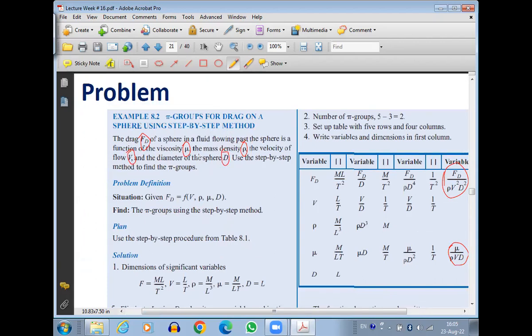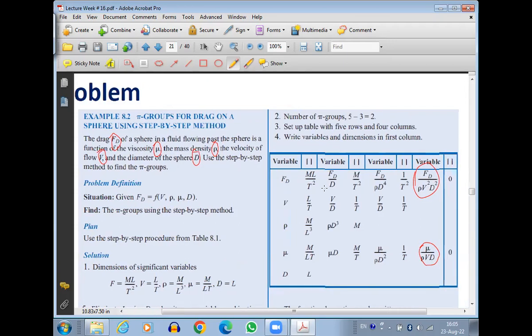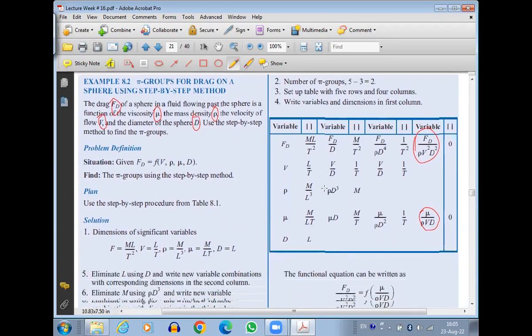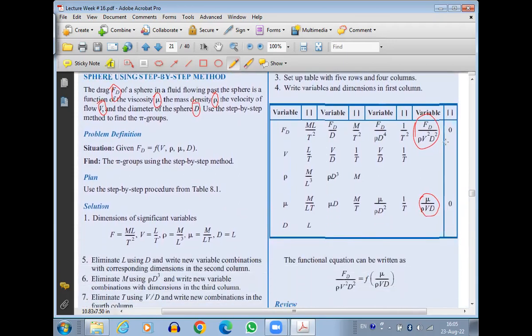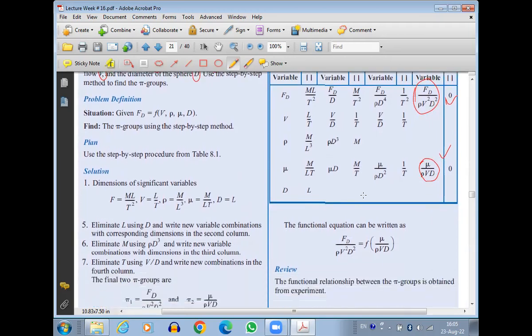Basic dimensions would again be 3. So 5 minus 3 is 2 pi variables. One of the pi variables will be this one, the other pi variable will be this one. It's the same problem, but a comparatively simpler one.